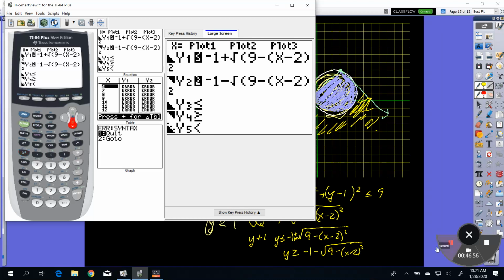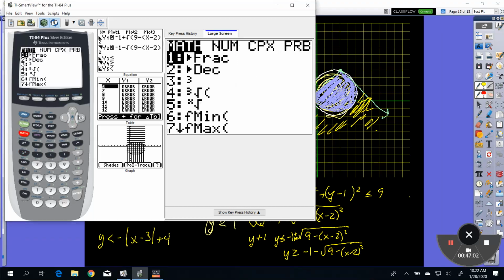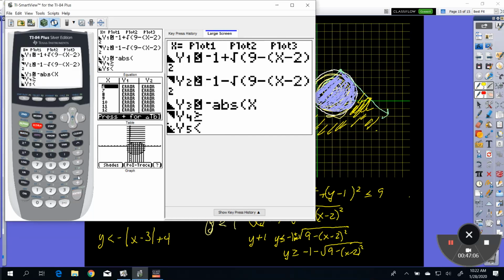And then I need the third one. So now the third one says negative absolute value. So you go math, number, abs, x minus 3 plus 4. Then you're going to graph.